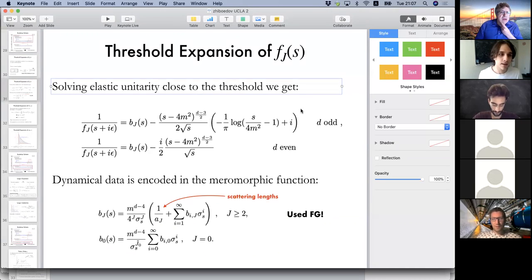Could I think of some of the things that you're doing, when you expand your scattering amplitude as some polynomial and then try to constrain it, as trying to put bounds on or constrain some Wilson coefficients of some EFT?